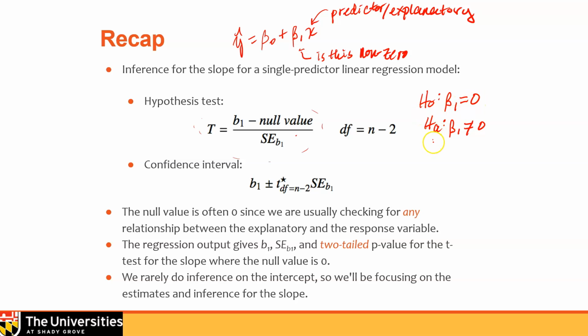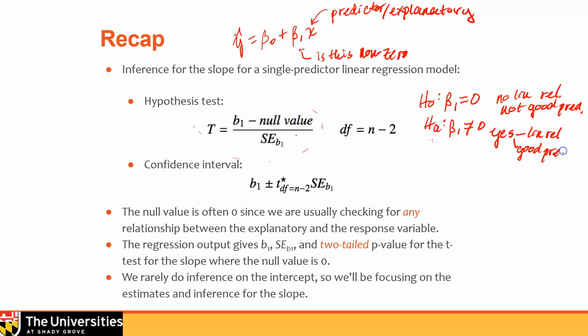A lot of times, if we've got a good model, obviously we're rejecting and we're saying, yes, there is a linear relationship. Yes, this is a good predictor. So this says no linear relationship, not a good predictor. And this says yes to all of those things: yes to a linear relationship, and yes, good predictor.